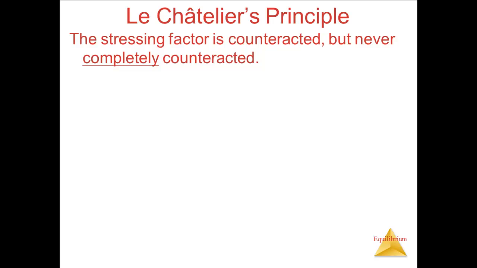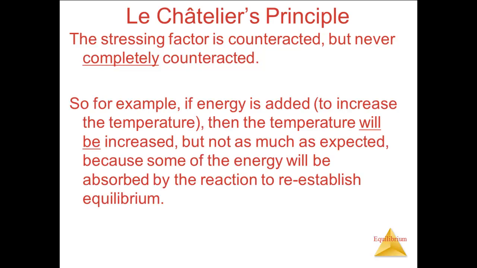While the equilibrium will shift to counteract the stress, it almost never completely counteracts the stress. So, for example, if energy is added, perhaps to try to raise the temperature, then the equilibrium will shift to try to absorb the added energy. But not all of the energy will be absorbed, so the temperature will still increase, but not as much as expected.